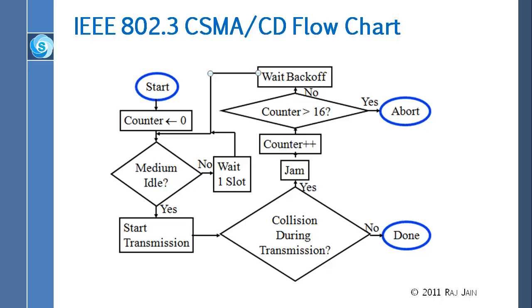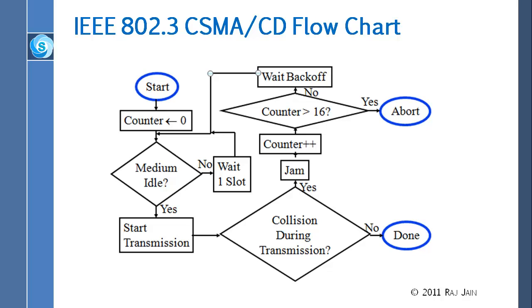And when the medium becomes idle, you start the transmission. Now if you collide during the transmission, you send a jam signal and increment your counter by 1. Is the counter more than 16? Abort. If it is less than 16, wait for the backoff, draw the random number and all that business, and then you see if the medium is idle.